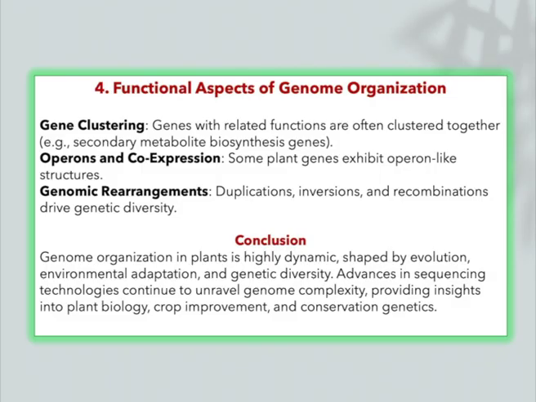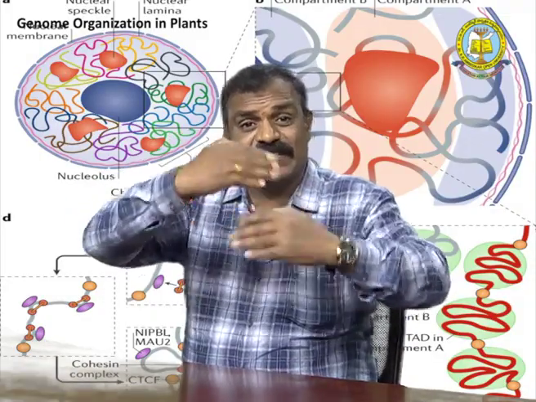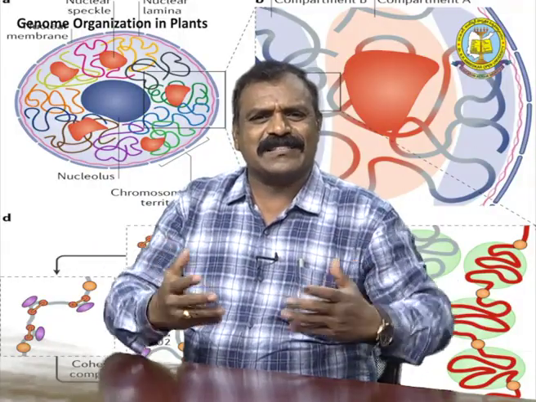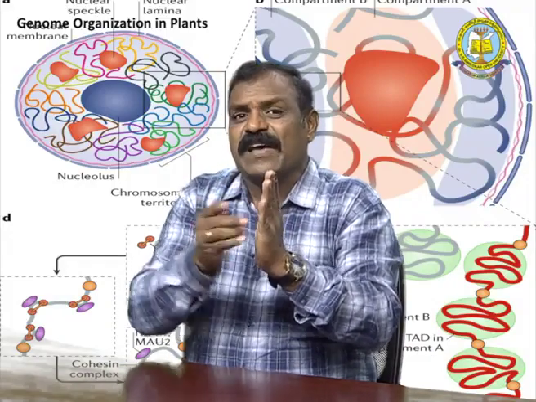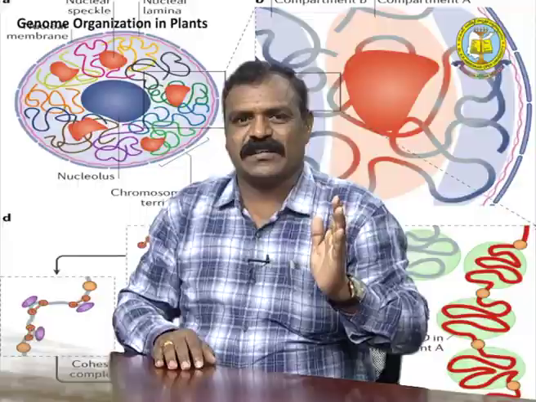In genome clustering, genes with related functions are often clustered together. The best example is the secondary metabolite biosynthesis genes. Genes involved in the synthesis of secondary metabolites like alkaloids, tannins, resins are synthesized through the gene clustering process.